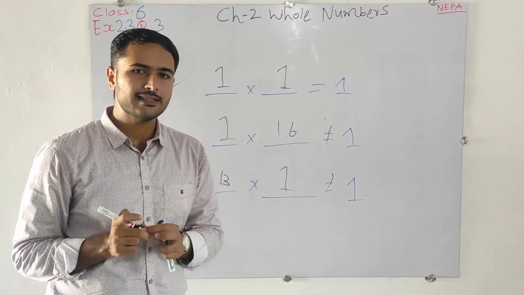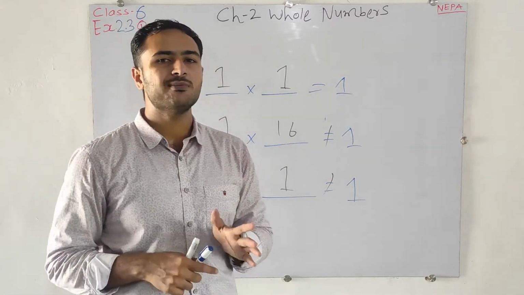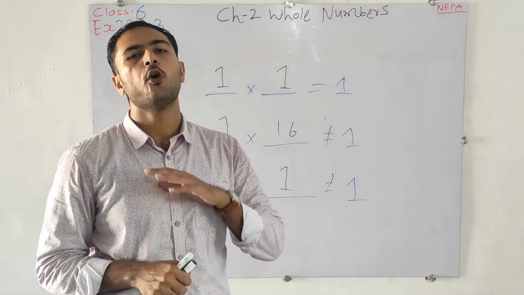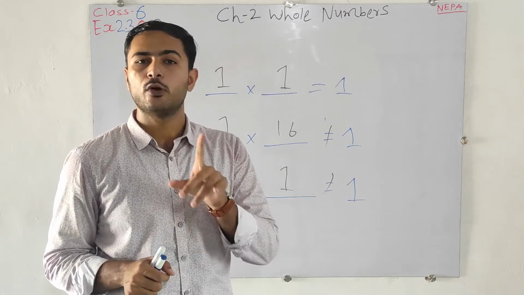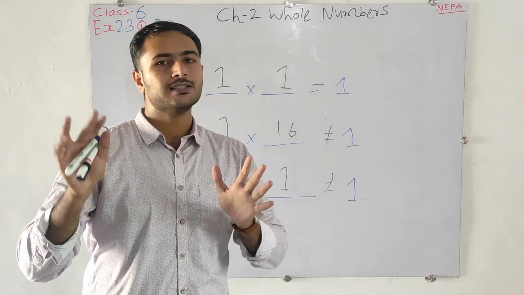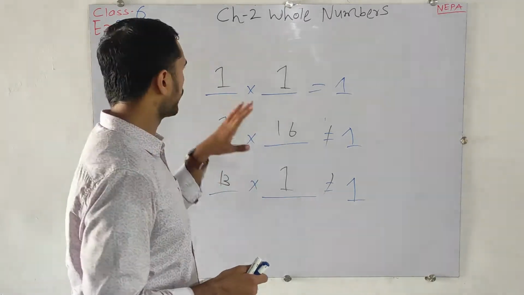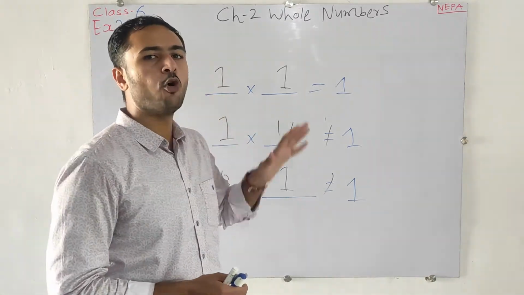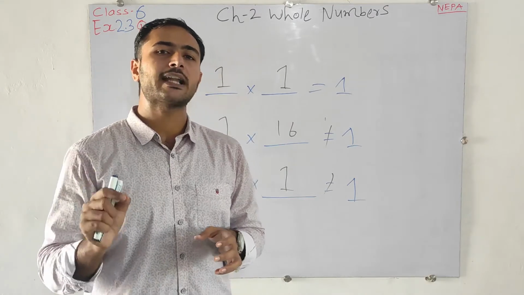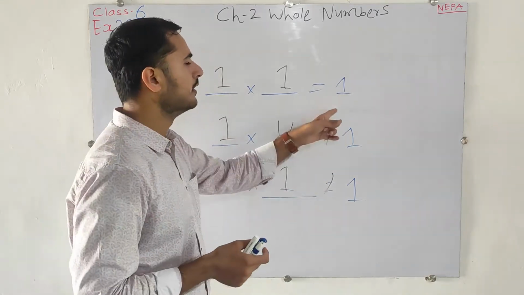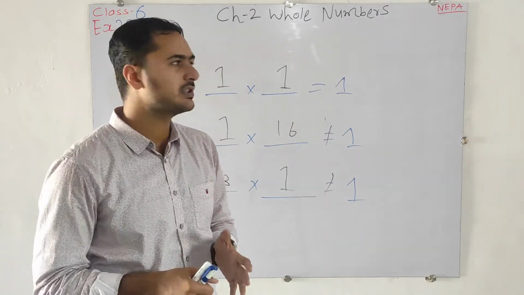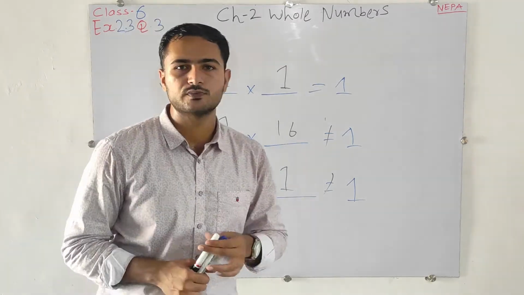Okay, so the condition is, if we multiply two numbers and the answer is 1, it means both the numbers are 1, for whole numbers only. For a different set of numbers the answer will be different, but here for whole numbers both the numbers should be 1 only, and then only will we get the answer 1. Okay, so just again pause the video and note it down.